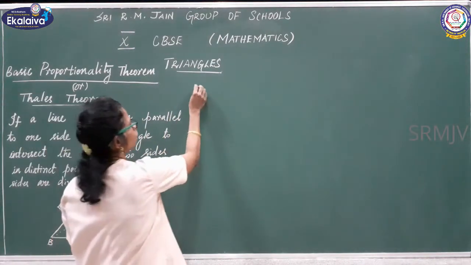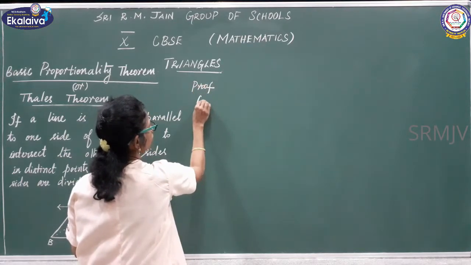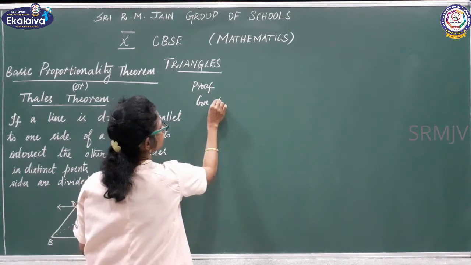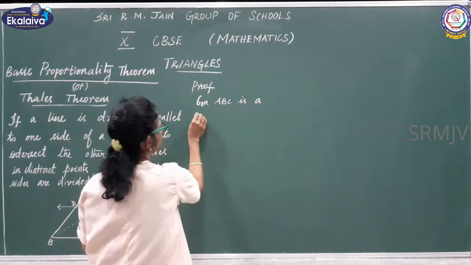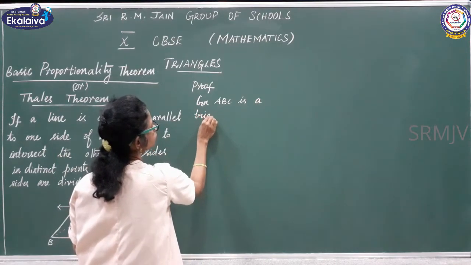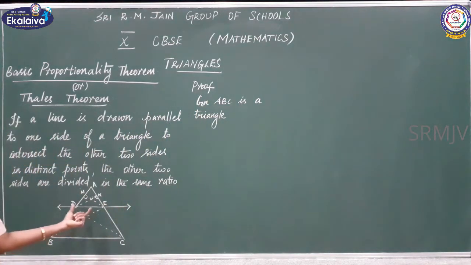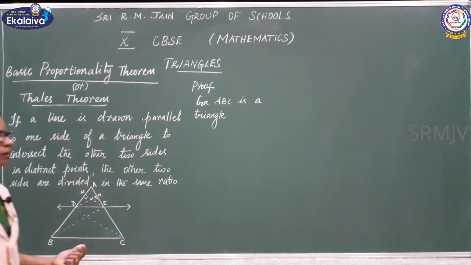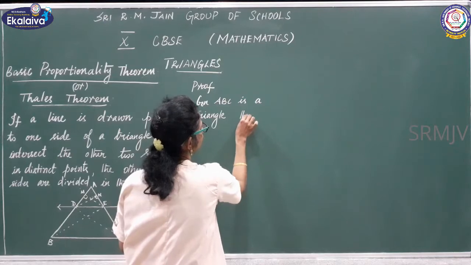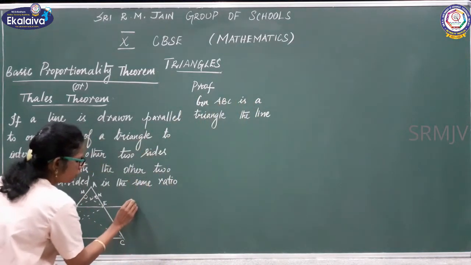First, prove. Given: ABC is a triangle, then the line DE parallel to BC. If you want, you can name it as L, right?